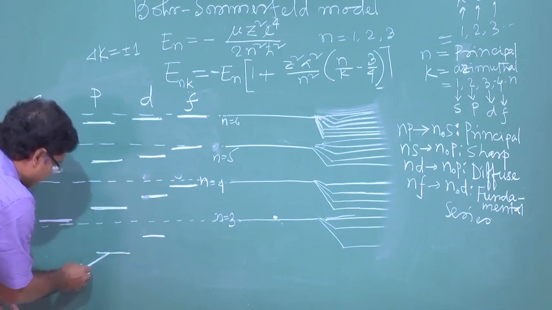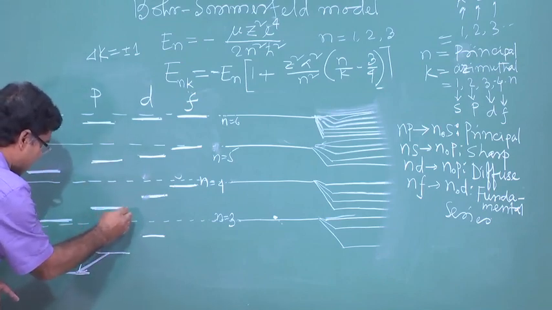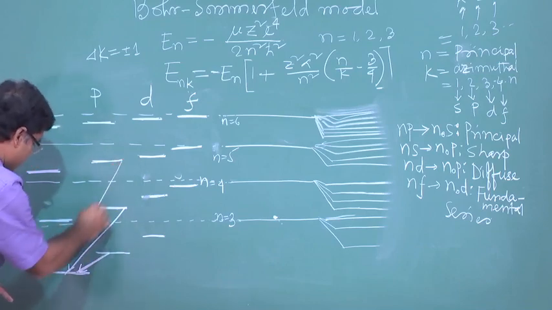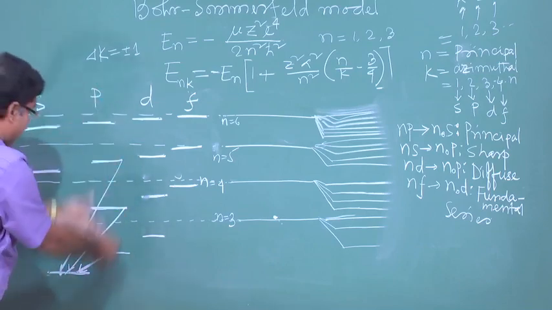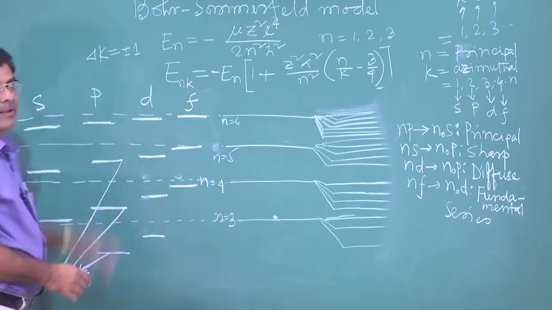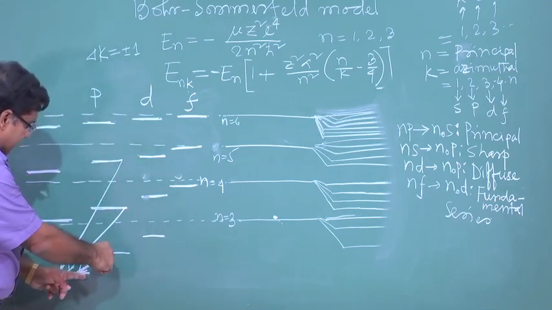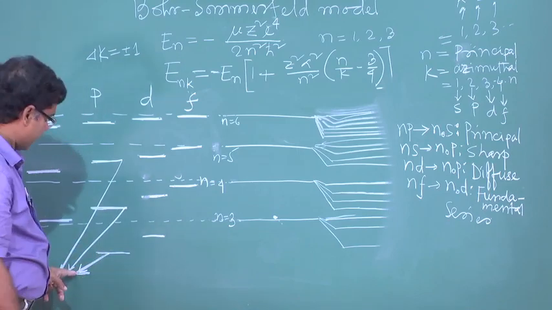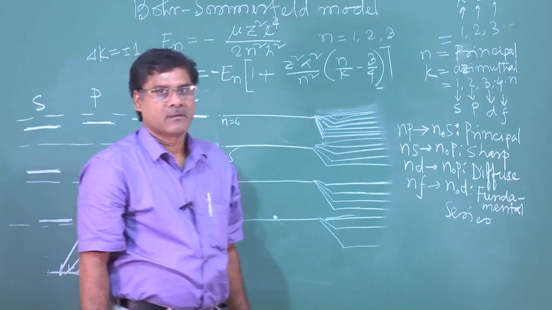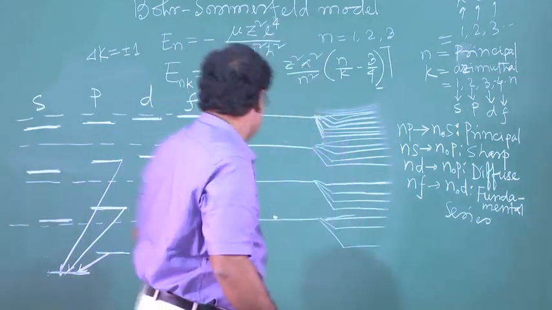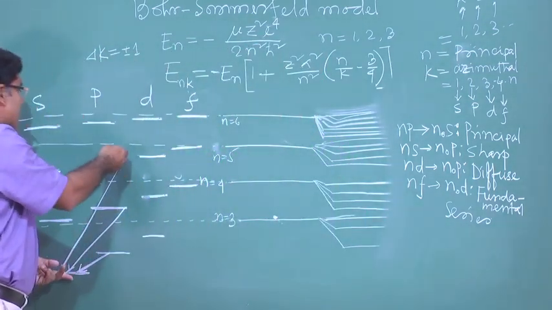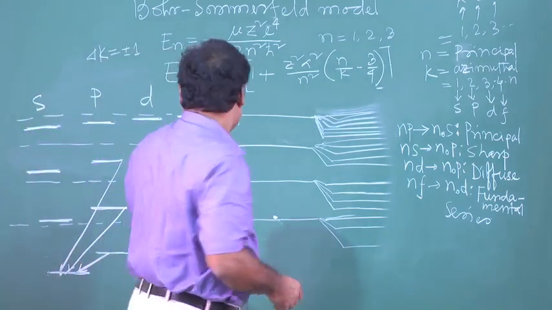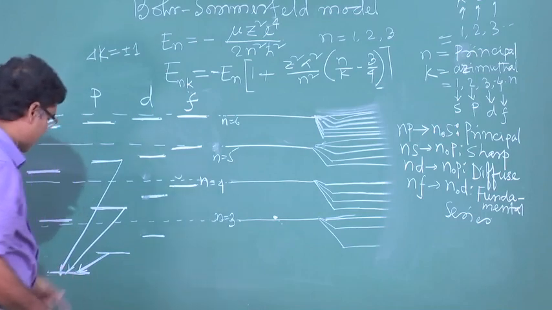Then this transition is allowed, so from all P levels there is a transition. You see, the energy difference becomes higher, so the wavelength becomes smaller and smaller, and then it goes to the wavelength limit. Okay. So, it will form a series.